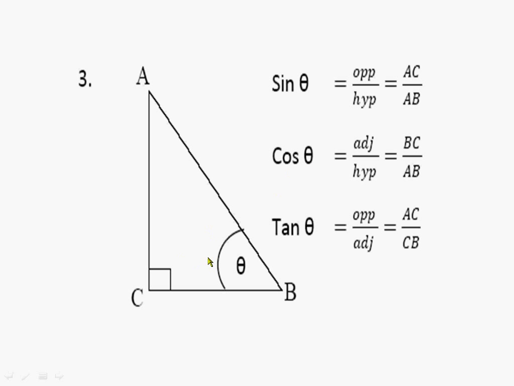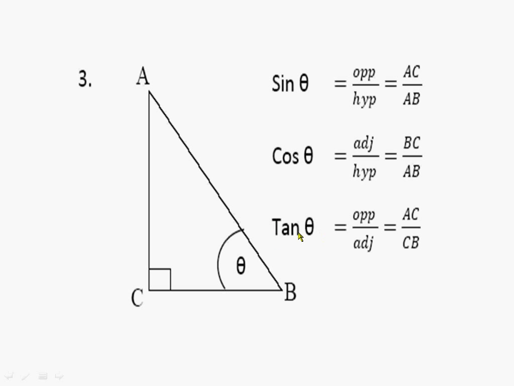Cosine theta will be adjacent, which is this side here, CB or BC, same thing, over hypotenuse. Hypotenuse is always opposite to the right angle, which will be AB. So cosine theta will be adjacent over hypotenuse, which is equal to BC over AB.